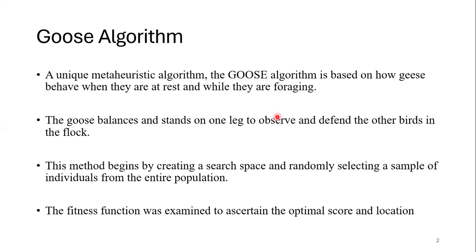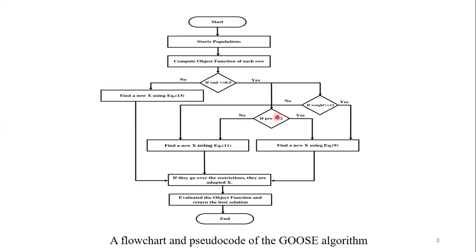Basically, the method starts by searching the space, and we randomly take a sample from the population, and then we go through the fitness function of each one of them, and we select the minimum fitness value for the agent or goose. So this is the algorithm: start the population, then compute the objective function for each goose, and then there's a random value.